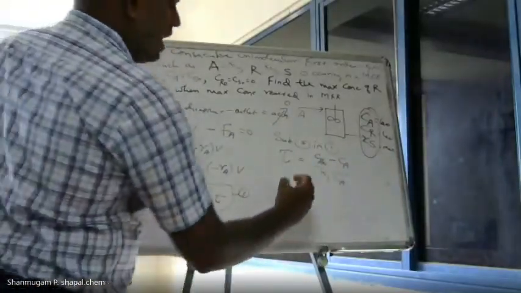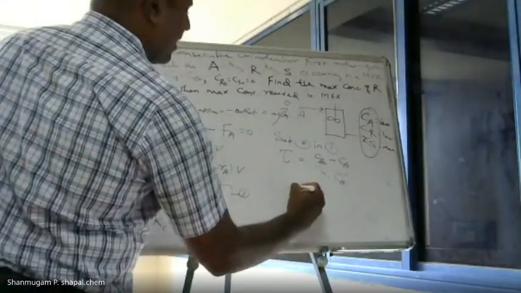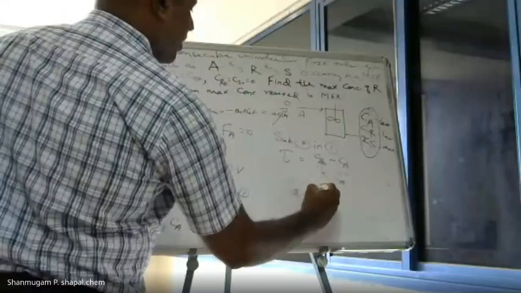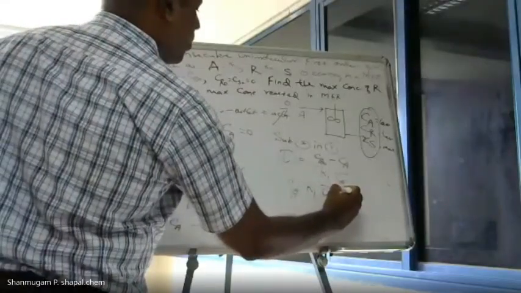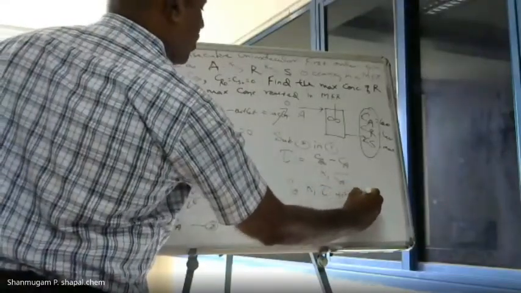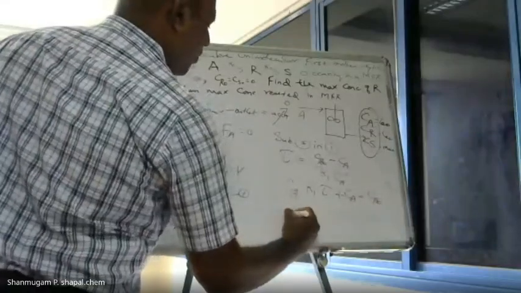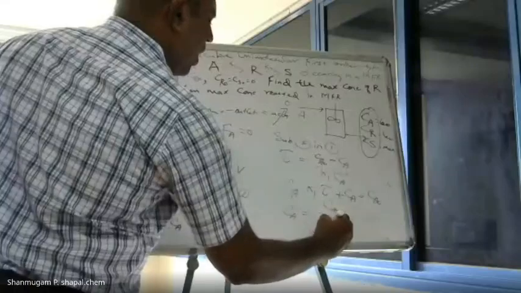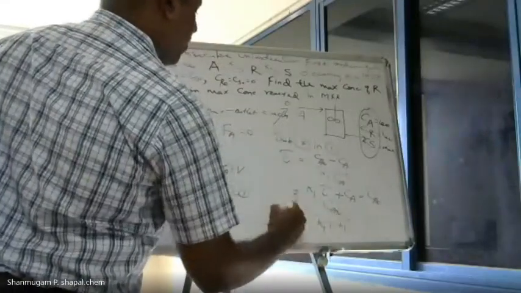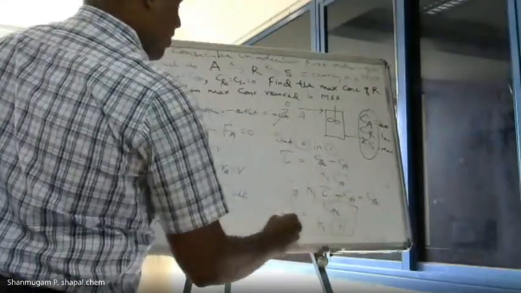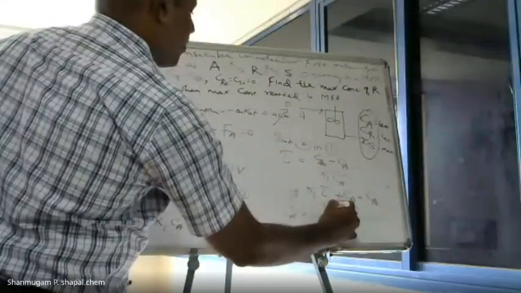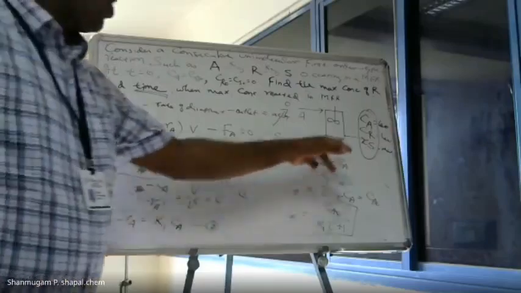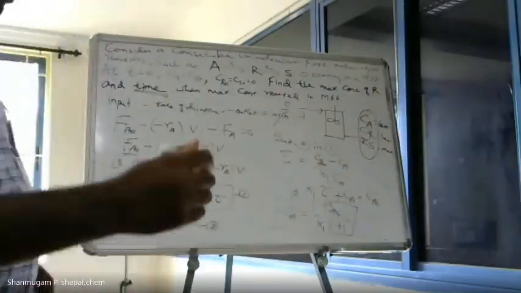What we need is CA. So K1 tau CA plus CA equal to CA naught. So CA equal to CA naught by K1 tau plus 1. So this is the concentration of the outlet A. This we keep as 3.